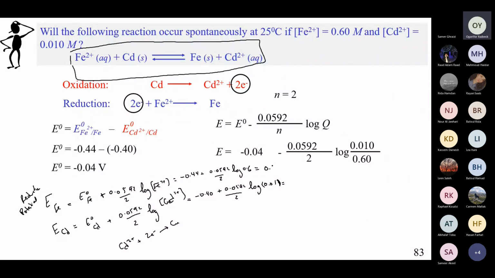Is it not negative? Okay, and this one, one second. Minus 0.45, minus 0.4592. Okay, 0.459.